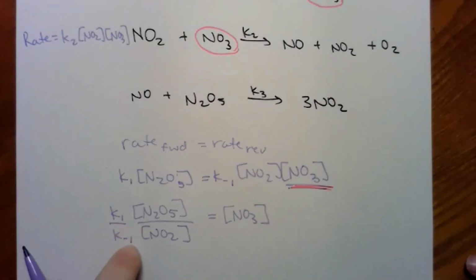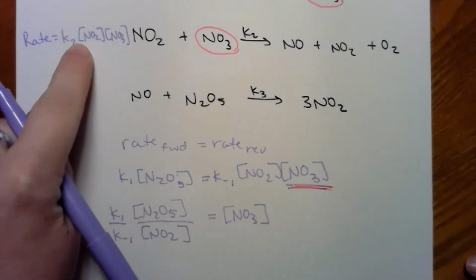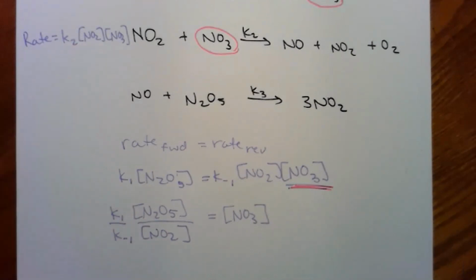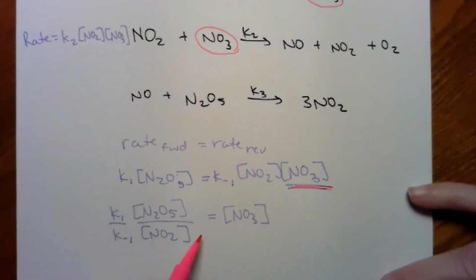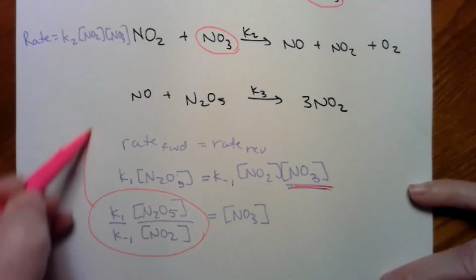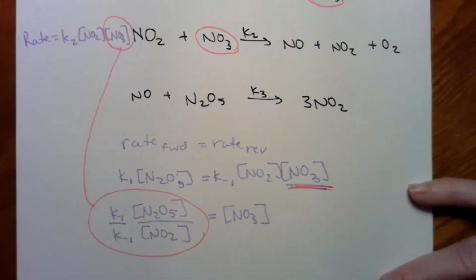So since these two things are not intermediates, their concentration can be measured, so we can plug that back into our overall rate law up here. So this plugs in for our NO3 concentration.